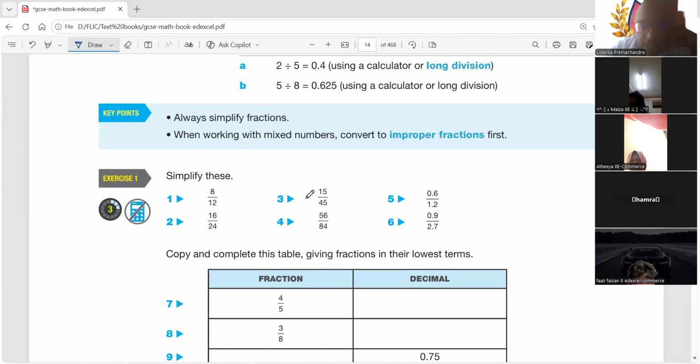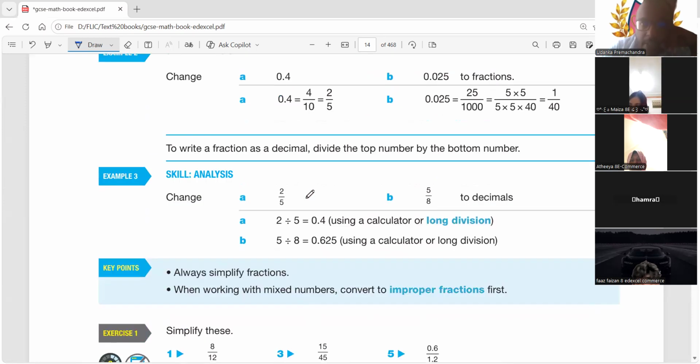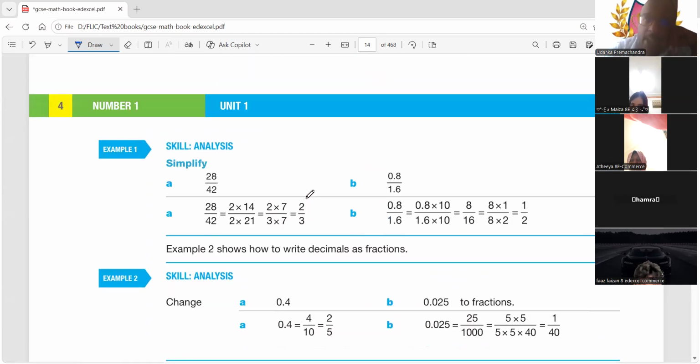So I wanted to simplify. When you are simplifying, what can you do? You can divide both numerator and denominator by the same value. Is that clear? After that you can simplify it.